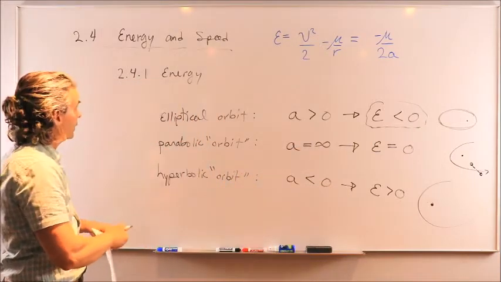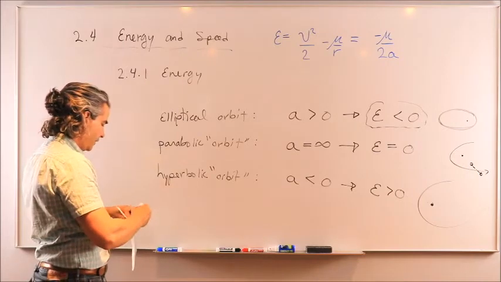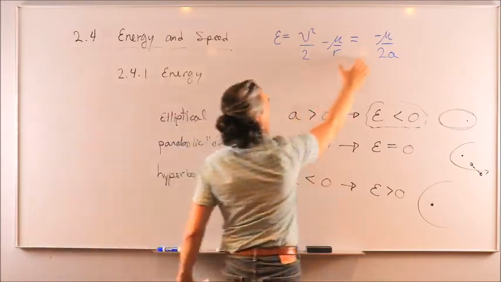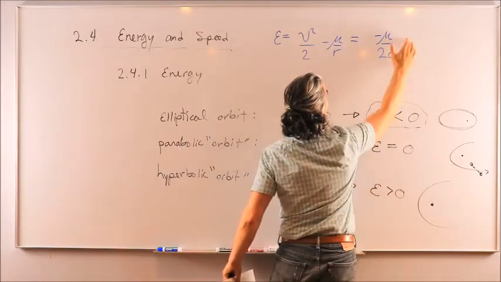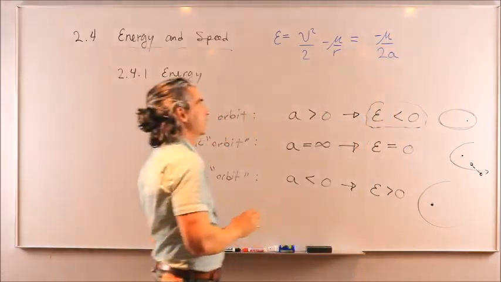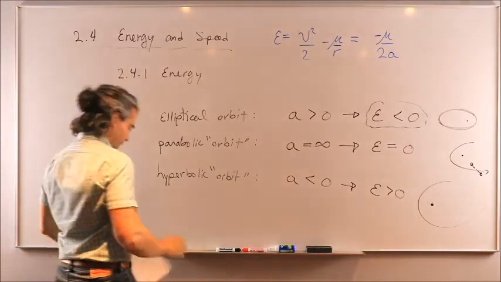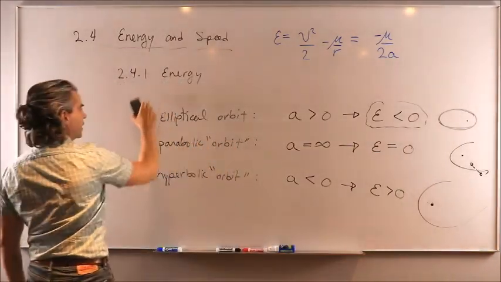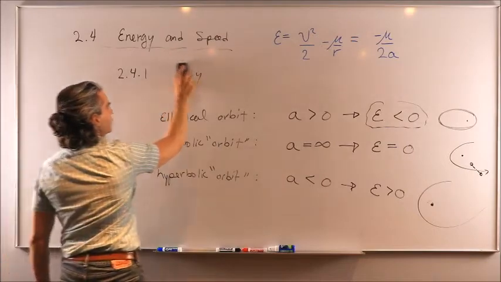Okay? So all of these conclusions or implications have been derived from the new expression of our orbital energy we have just derived here. Okay? Good. So that's it for additional concepts about the orbital energy I want to talk about.